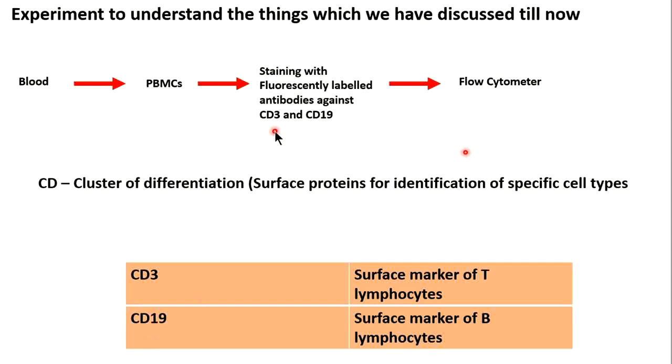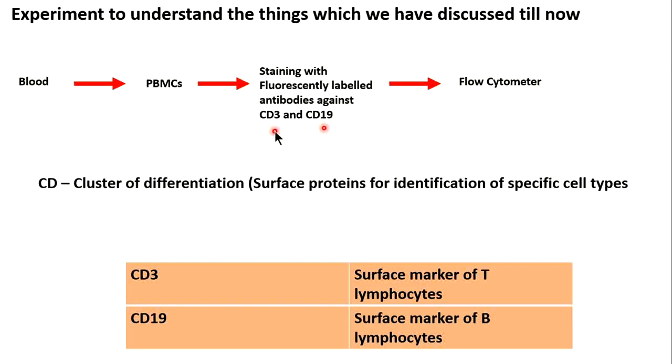So we put that into the test tube and incubate it with the antibodies against CD3 and CD19. Against means that an antibody gives, for example, blue fluorescence and binds to which protein? CD3. So if a cell is expressing CD3, I will get blue fluorescence from it. And a cell which is expressing CD19, I will get green fluorescence, for example, right?